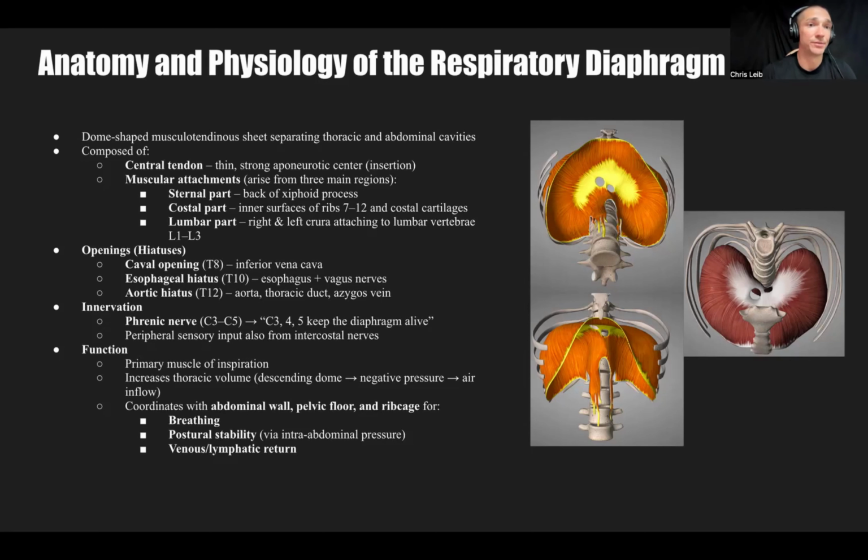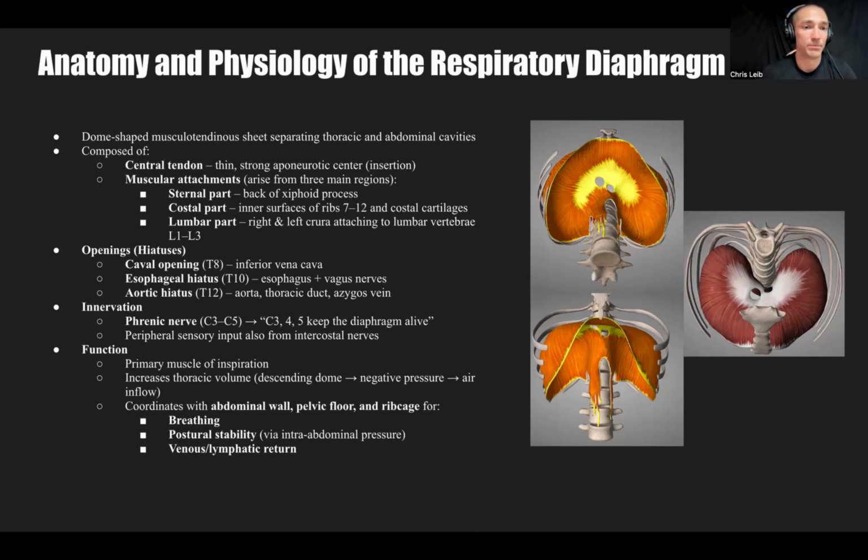The primary function of the respiratory diaphragm is inspiration. So we use the diaphragm to breathe in, and it does this by having the dome descend or drop down, which creates a negative pressure environment for the chest or the thoracic wall where the lungs are. So it allows the lungs to fill.